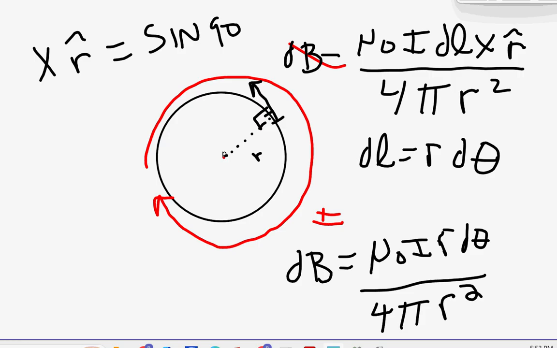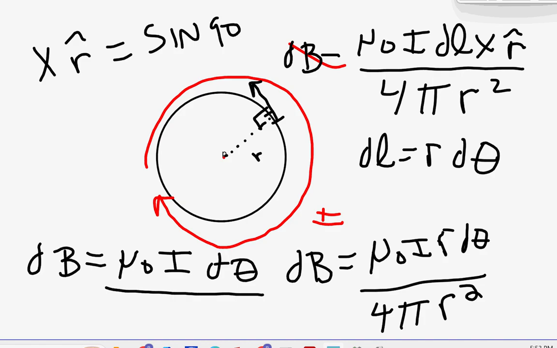So then when we're done, of course, dB is equal to mu naught I, and it looks like we have just a d theta on top, and then over 4 pi r.